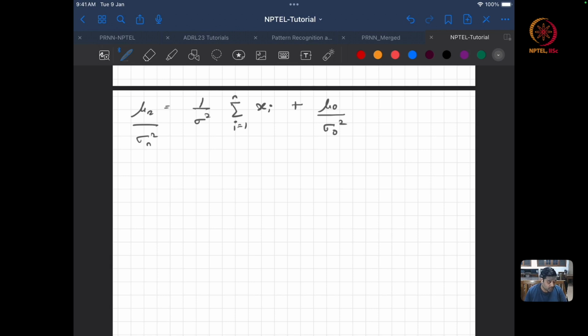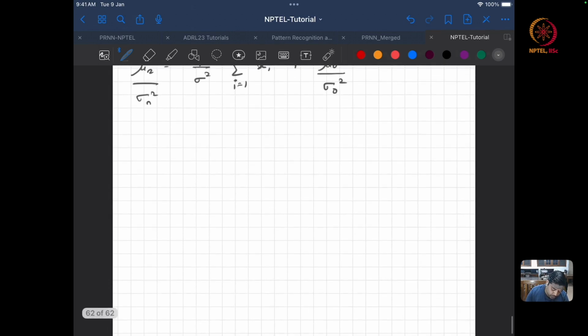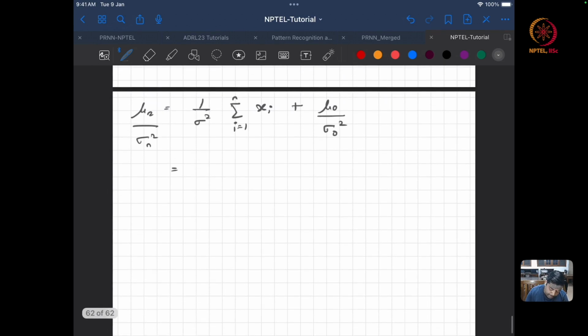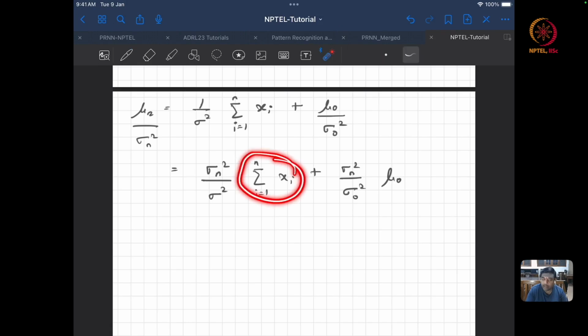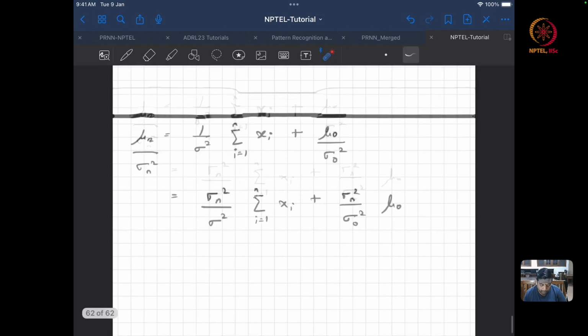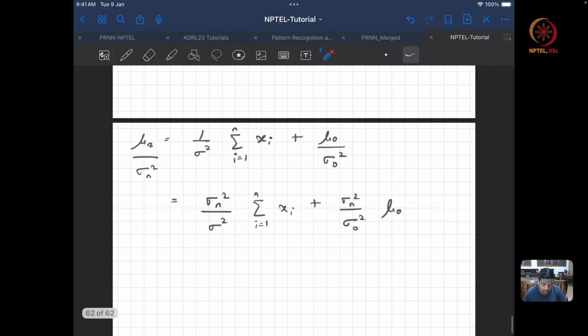Okay, so now if you push the sigma n square inside, you have sigma n square divided by sigma square into summation i equals 1 to n xi, plus sigma n square divided by sigma naught square into mu naught. Now, does this look familiar? There is one term missing, that is 1 over n.